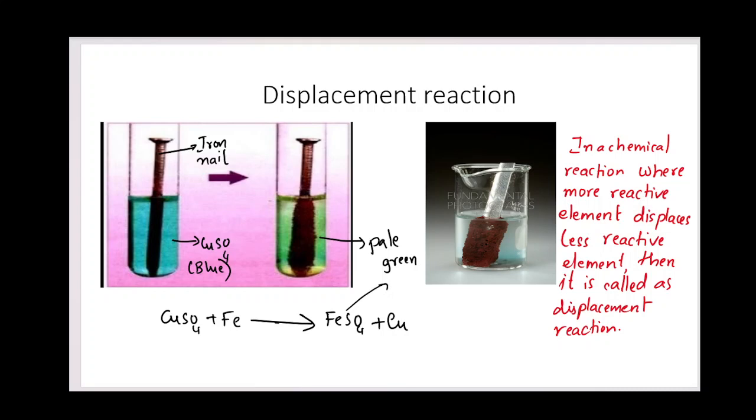Understood? Displacement reaction. In a chemical reaction where more reactive element displaces the less reactive element, then it is called a displacement reaction. So there are so many examples for displacement reaction.